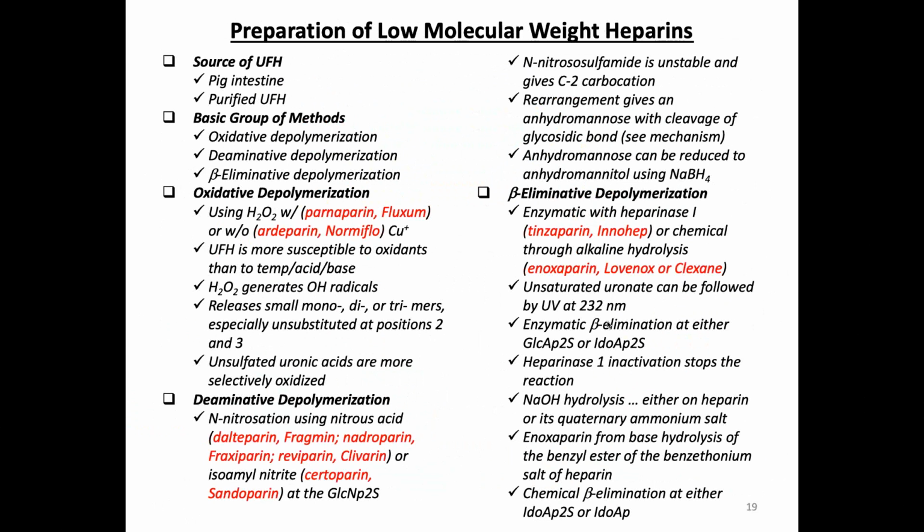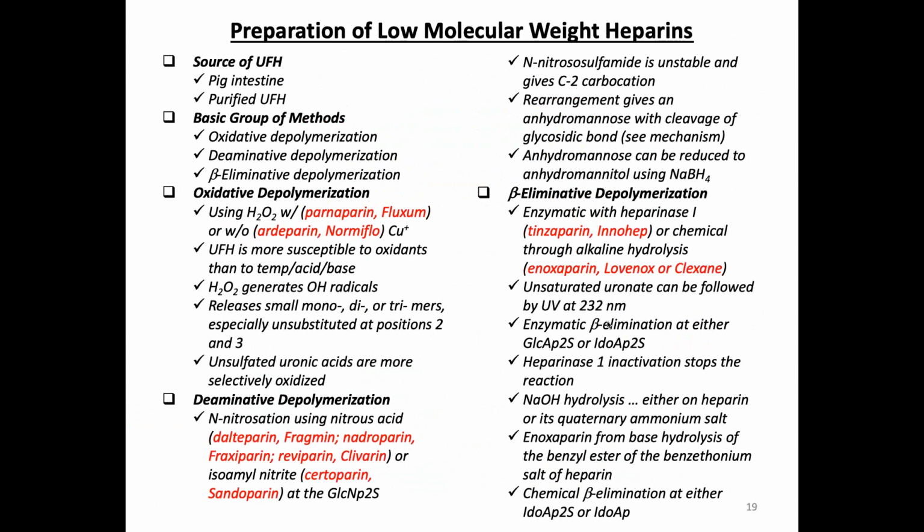Today we use pig intestine, and we have to purify that. Minimally stage 12, and then as of now, the ones that have clinically succeeded utilize these 3 methods. As I told you, there are more methods than these, but they have not succeeded clinically.